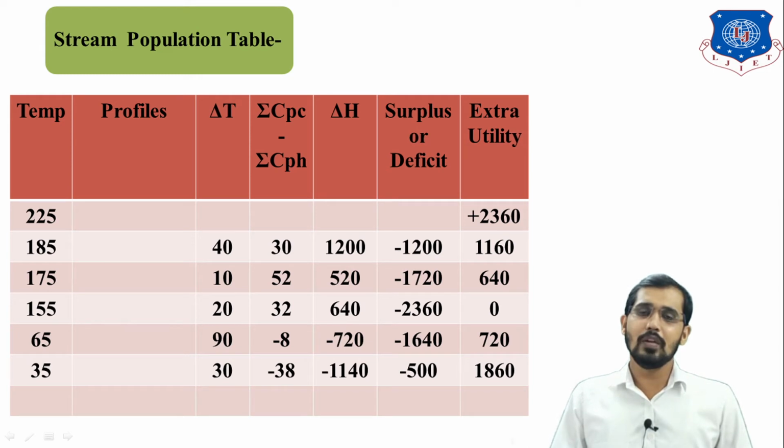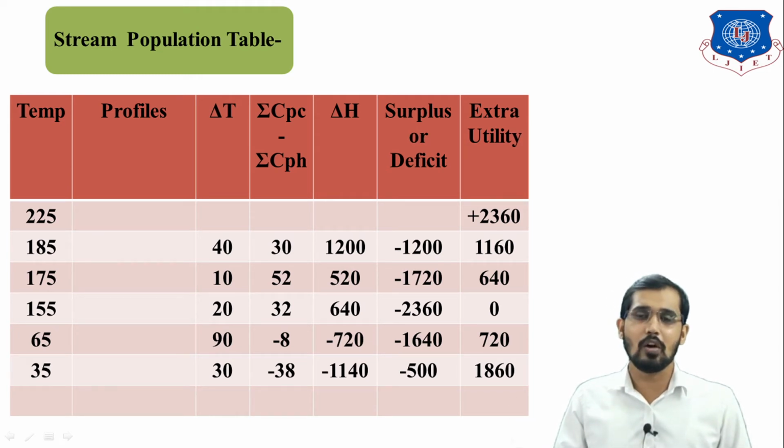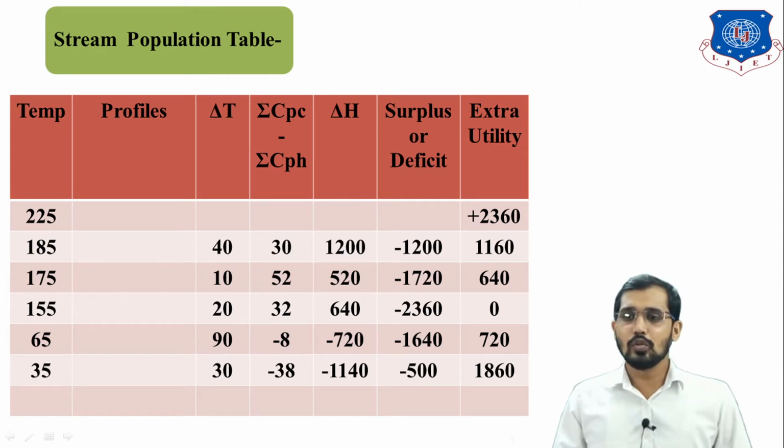Decreasing order means, we know that in the shifted temperature table 225 is the highest temperature. So 225, followed by 185, 175, 155, 65 and 35. This is the shifted temperature, but we have written it in decreasing order.